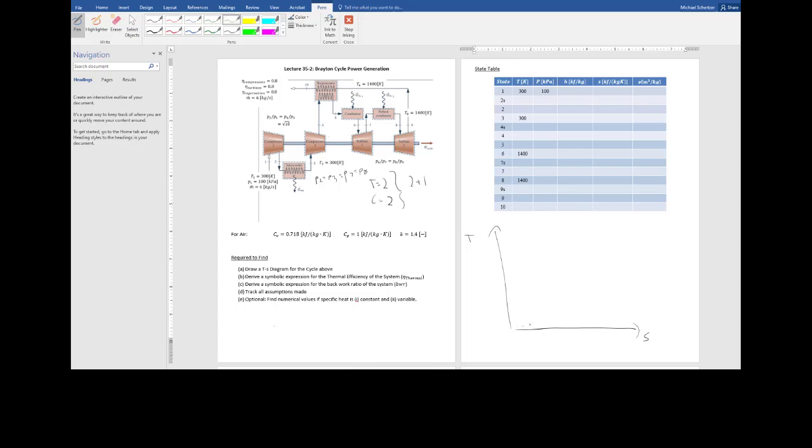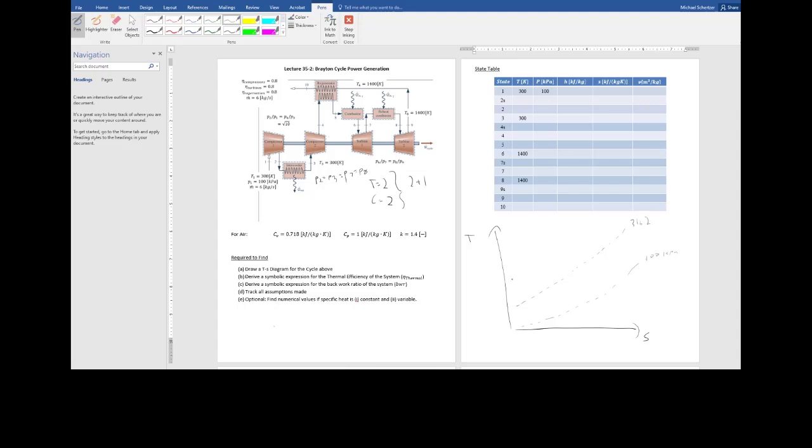I need my lowest pressure, which this tells me is 100 kilopascals. I need my intermediate pressure, which is 100 times root 10, which is 316.2.